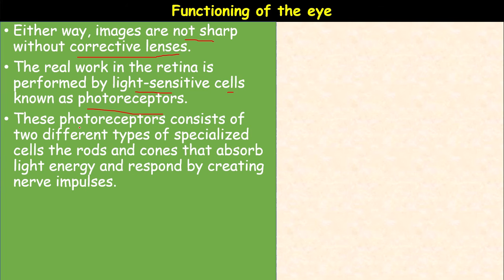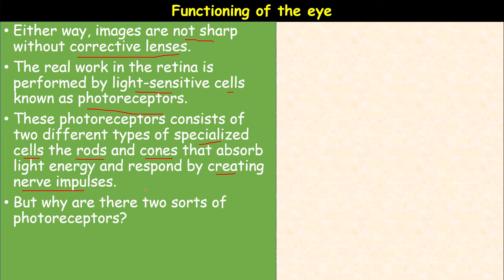These photoreceptors consist of two different types of specialized cells. What are they? Rods and cones that absorb the light energy and respond by creating nerve impulses, some electrical impulses. The light energy is converted into these electrical impulses by rods and cones.